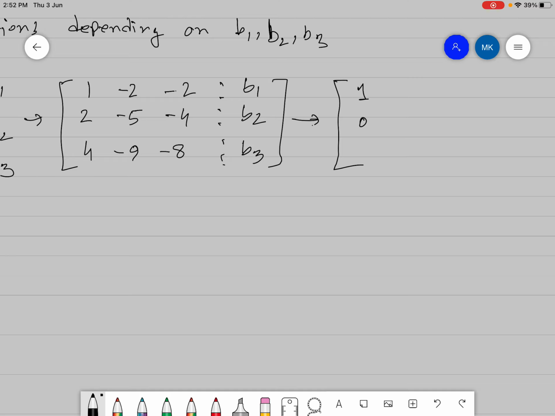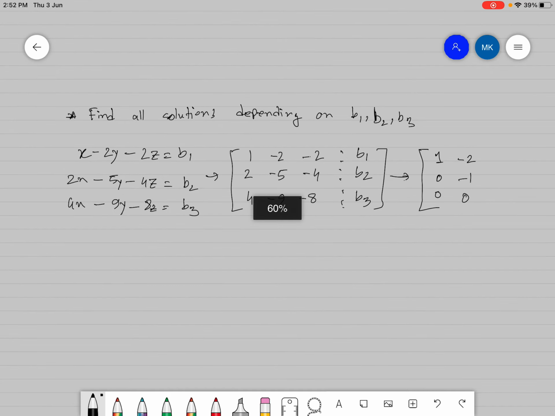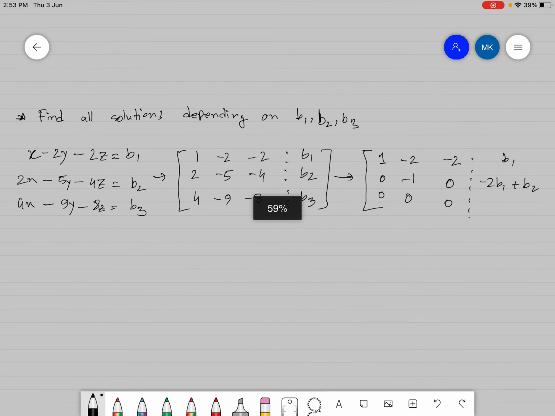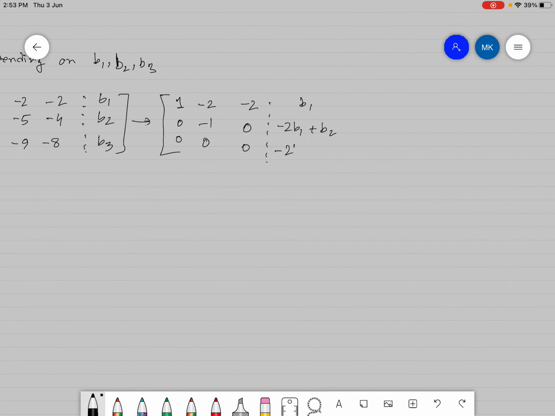So 1 0 0, you'll get minus 2 minus 1 0, and you'll get minus 2 0 0. You'll get b1 here, you'll get minus 2b1 plus b2 here, and you'll get negative 2b1 minus b2 plus b3.